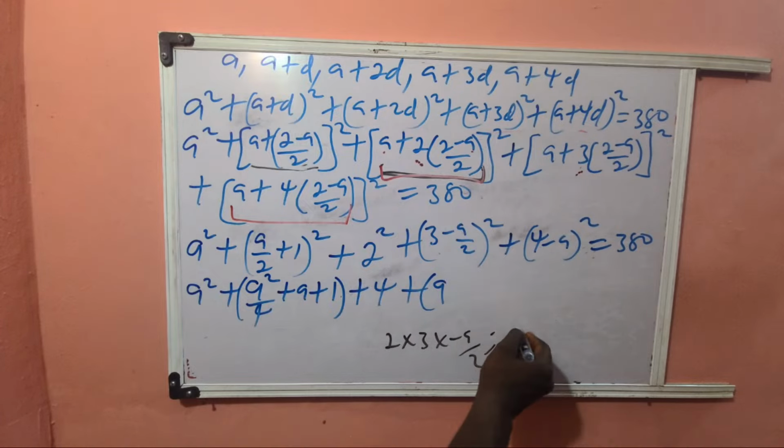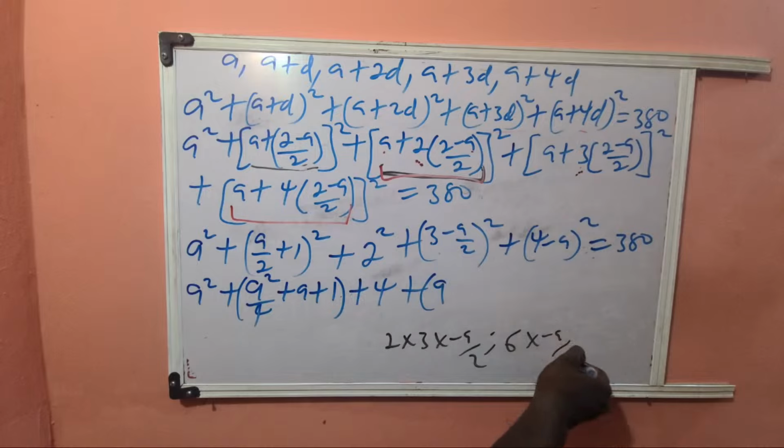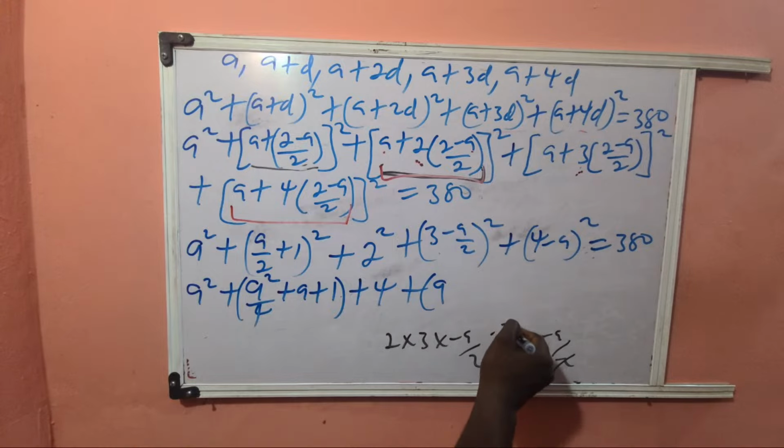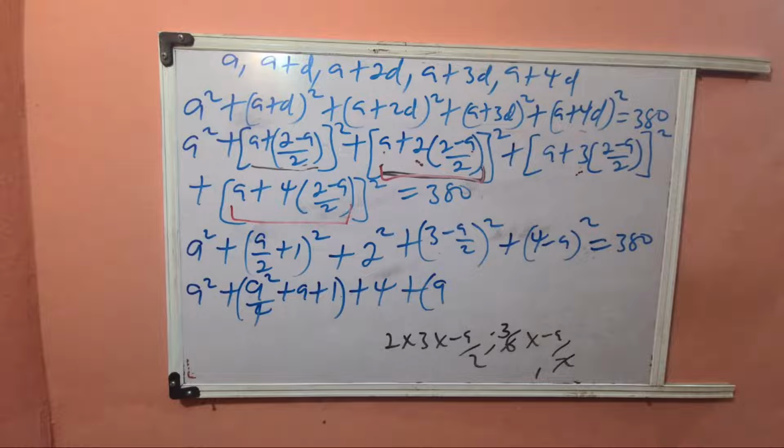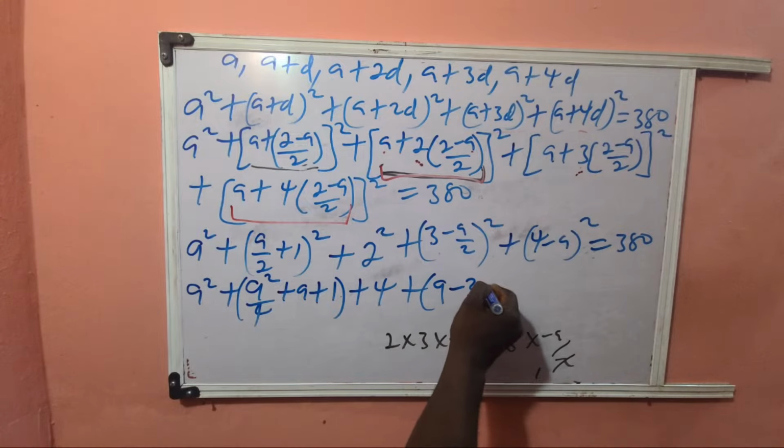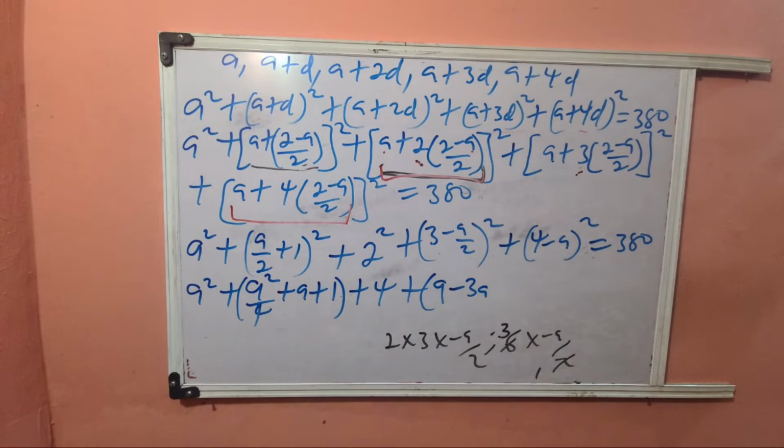This will be 6 times minus a over 2. 2 cancels, this will be 3, so this will be minus 3a. So the second term there will be minus 3a. That will be 9 minus 3a. So this is how you flow easily when you know exactly what you're doing.